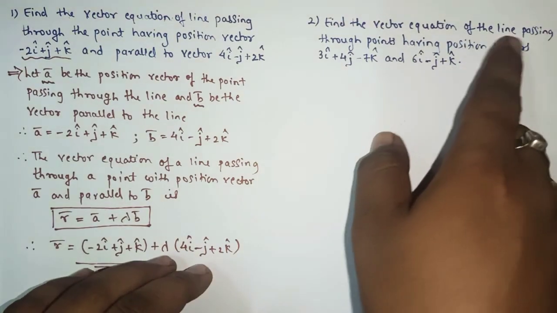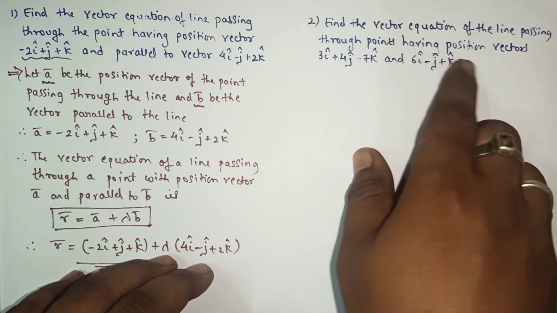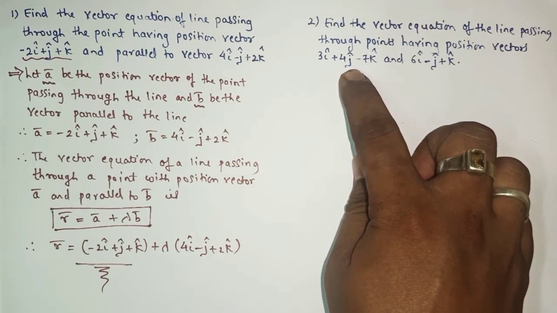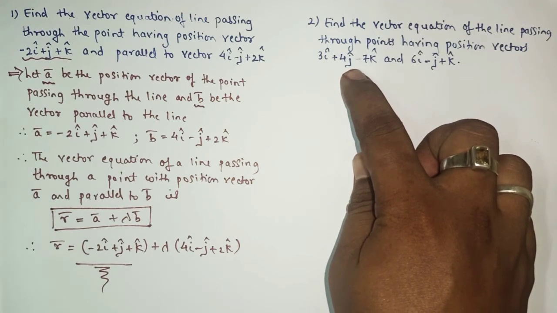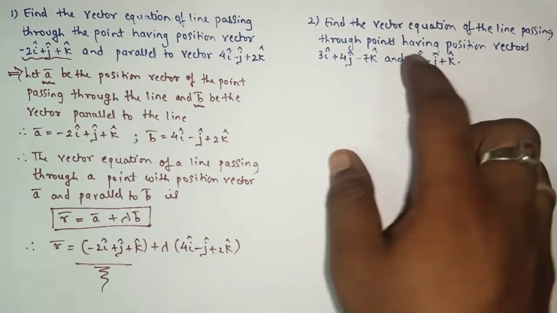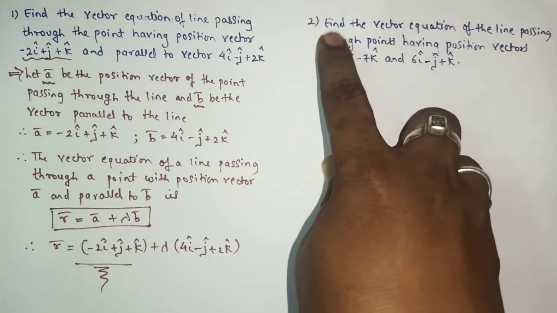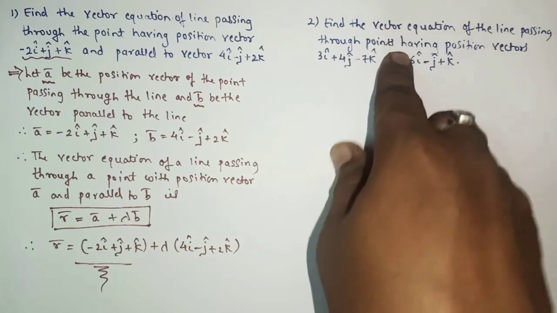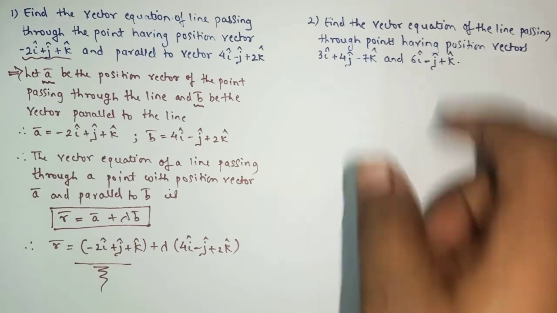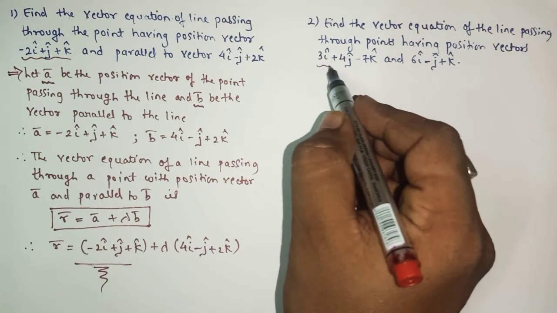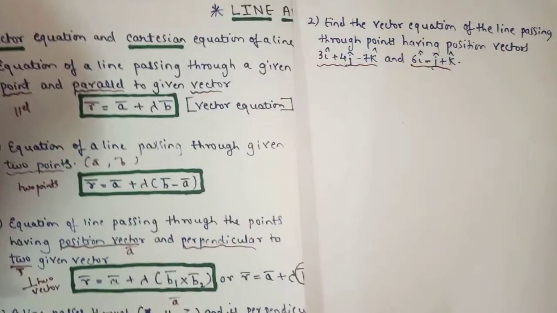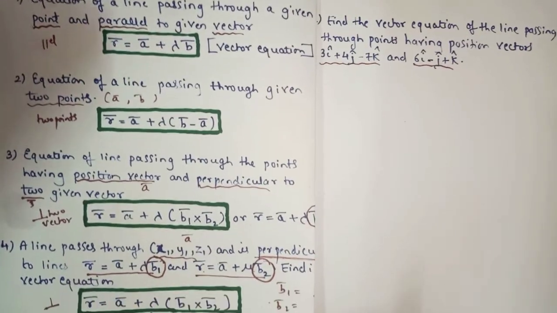So find the vector equation of the line passing through a point having the position vector 3i plus 4j minus 7k and 6i minus j plus k. Once again we'll read the question. Both are the points having the position vector. So now we'll see which formula will come first, second, third, or fourth.